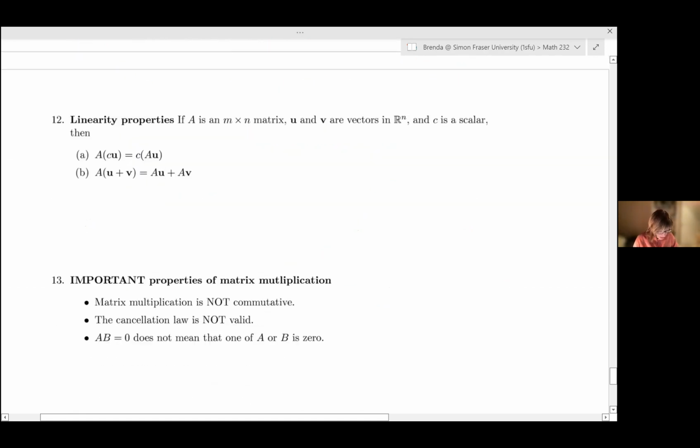Linearity properties. I'm just going to state what it means to be linear. What it means to be linear is if we have a function and we apply that function to c times the variable, we expect the result will be c times applying the function to the variable.